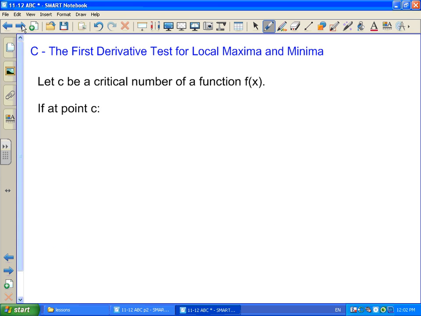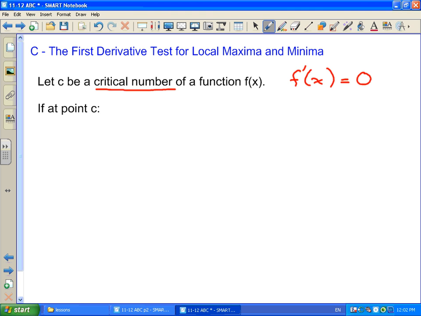And we're going to use a thing called the first derivative test, okay? And this is sort of the big thing that you want to be able to use out of this whole section. So let c be a critical number of a function f at x. What do we mean by a critical number? A critical number is just a point where the derivative equals 0, okay?